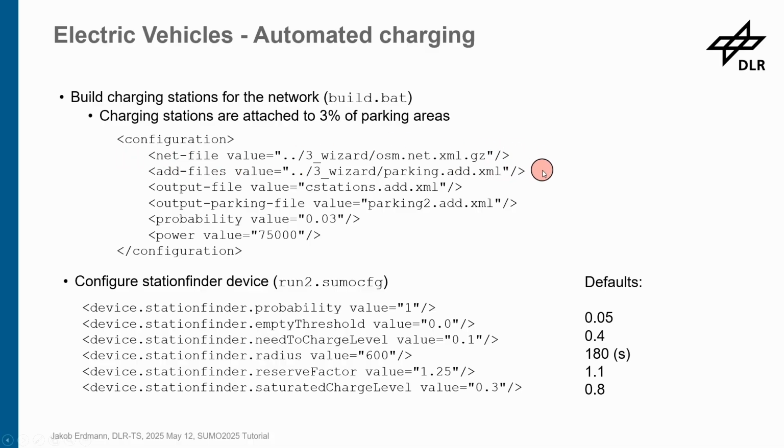It also needs the parking spaces. We just import these. It needs to define where the charging stations go. And also it may have to cut into parts some of these parking areas. So actually we get a new output file for these as well. And then we just define a probability. We say 3% of the parking areas of the city, or rather of this region of the city, should get charging facilities with a certain charging power.